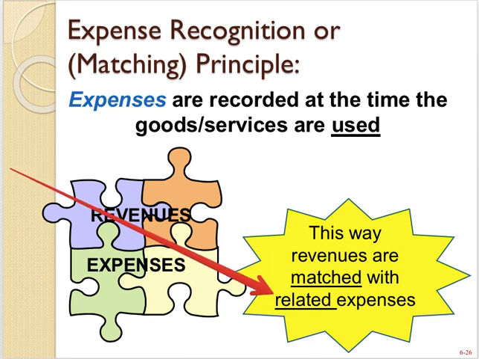Okay, so in order to earn that revenue, we had to use something up, which is expense. And we need to match those two things, revenue with the expense. Well, we've already recorded the revenue. Okay, we recorded that we provided the monitors at $1,000 each for a total of $2,000. But we haven't recorded what we used up in that process.